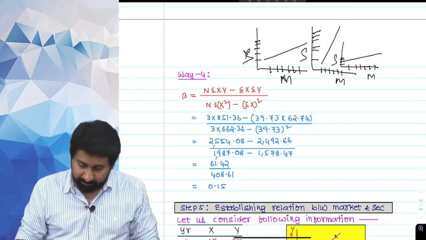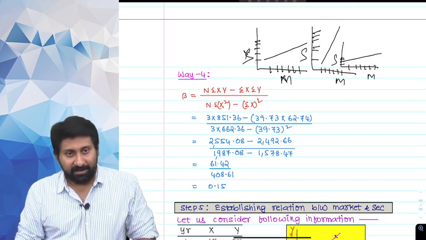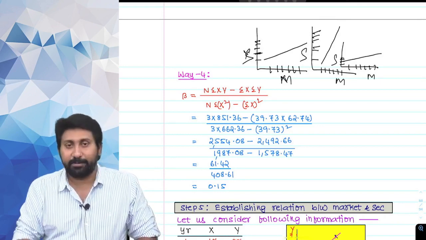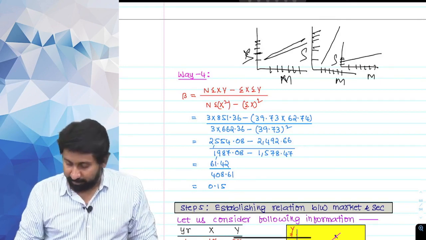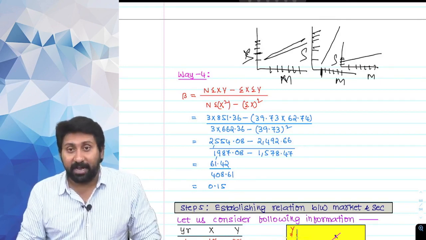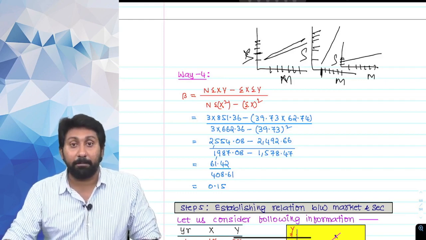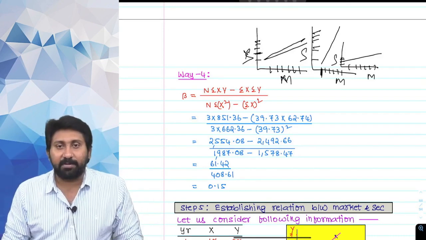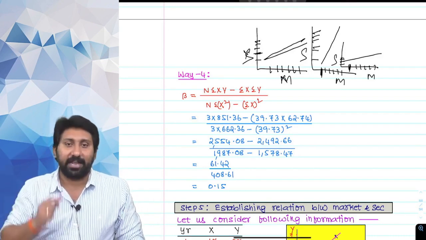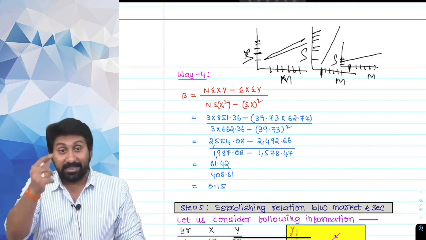First example, if the market increases by one time, security also increases by one time. Equally, both are moving. Next, the market increases by one time, security moves by 2-3 times. Beta is very high. Market increases by one time, security increases by 0.25. Beta is very low.